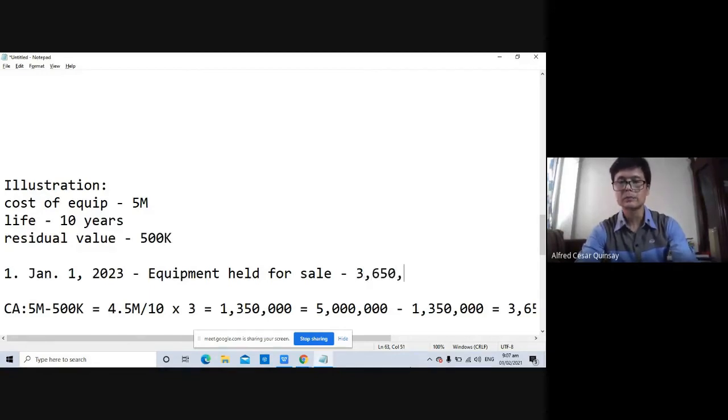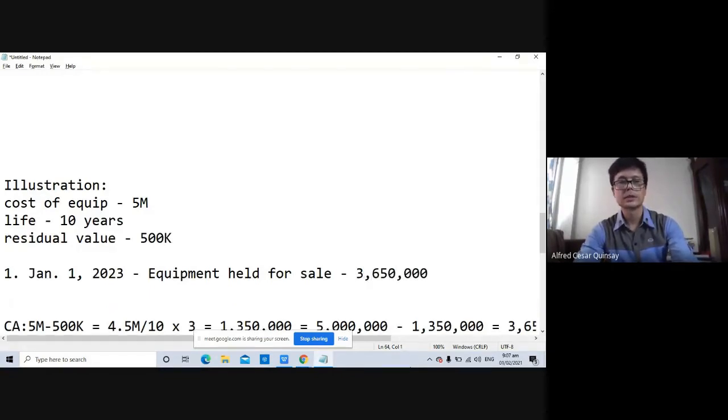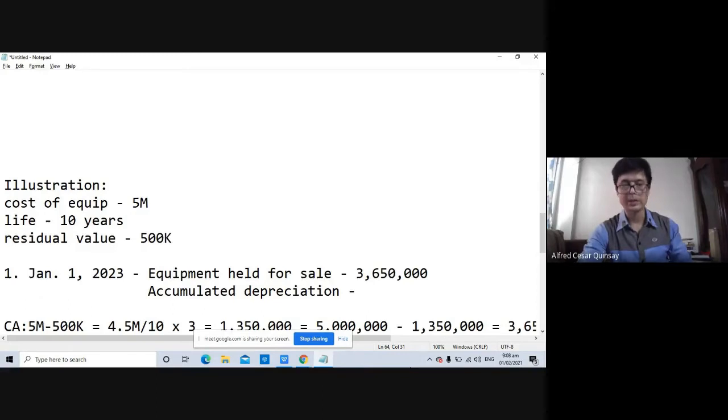Also debit accumulated depreciation, 1,350,000.